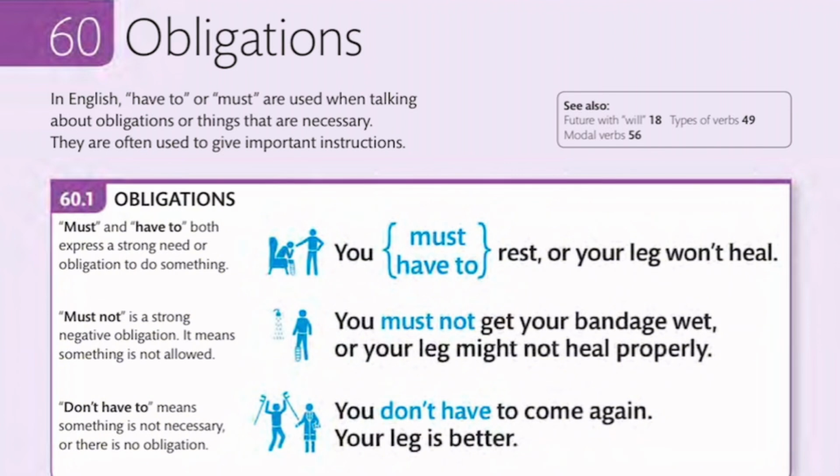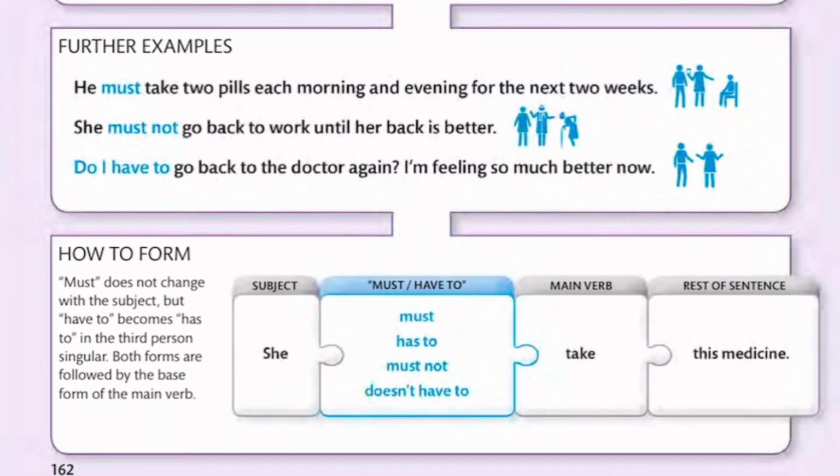Your leg is better. Further examples: he must take 2 pills each morning and evening for the next 2 weeks. Strong obligation. She must not go back to work until her back is better. Strong negative obligation. Do I have to go back to the doctor again? I'm feeling so much better.